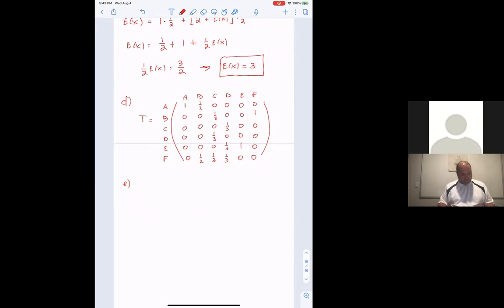So it says, by evaluating high powers of the transition matrix, find the long-term probability of being at vertex E if you began at vertex C. So if you do A again to the large power, okay, so when I do it to a very high power, I just get 1 in the top left, and zeros everywhere else.